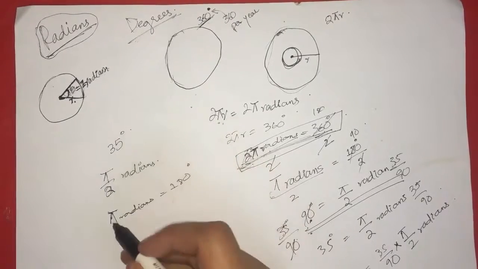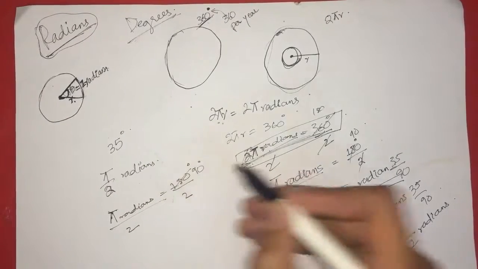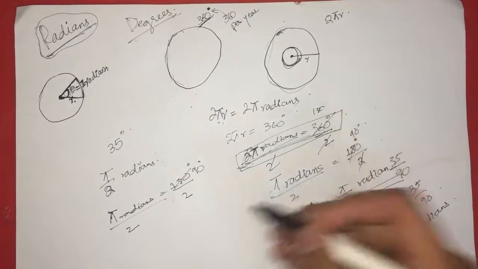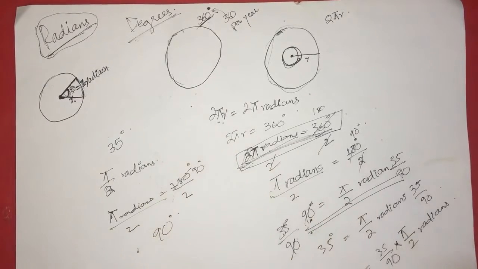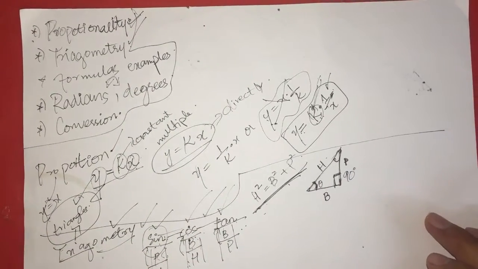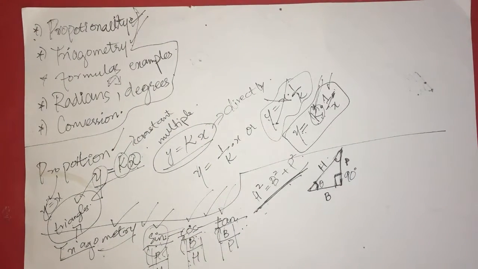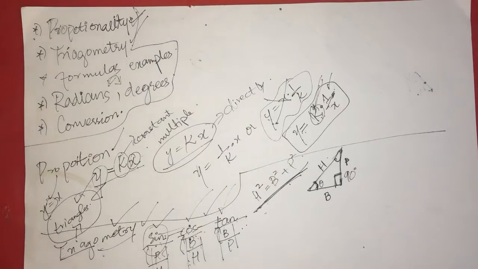Here we have pi by 2, so we divide by 2 and get 90 degrees. So pi by 2 radians equals 90 degrees. This was the conversion, so that you can convert between radians and degrees. Basically, both are units for the measurement of angles, but for the rest of the book we are going to stick with radians.